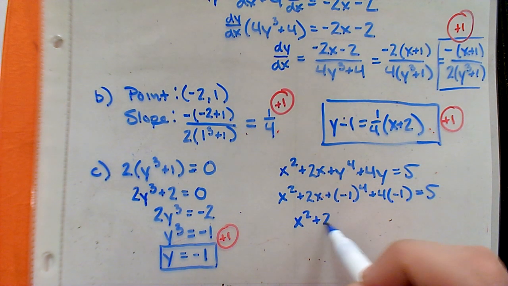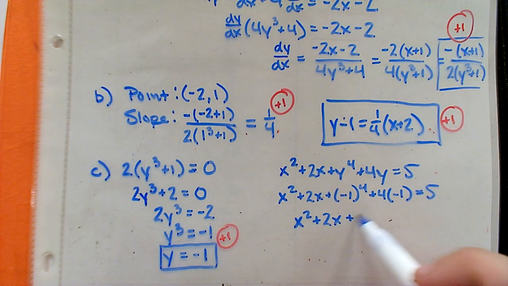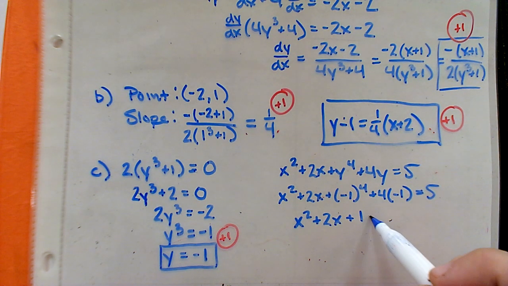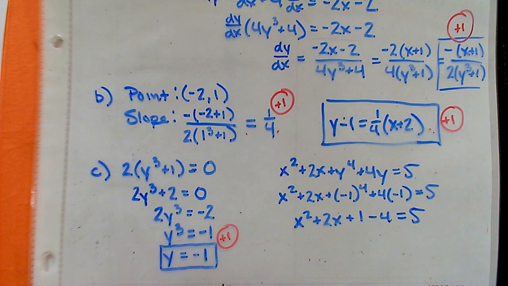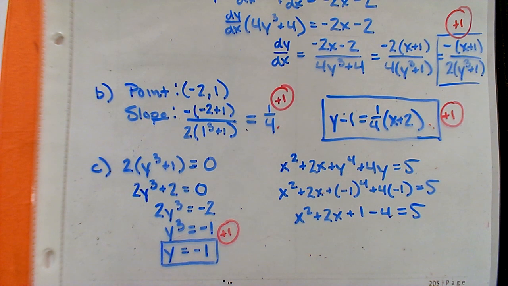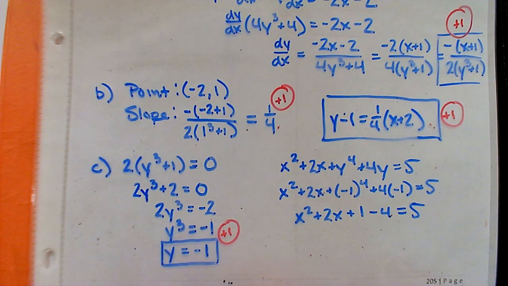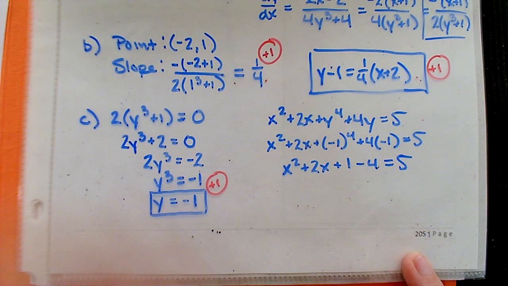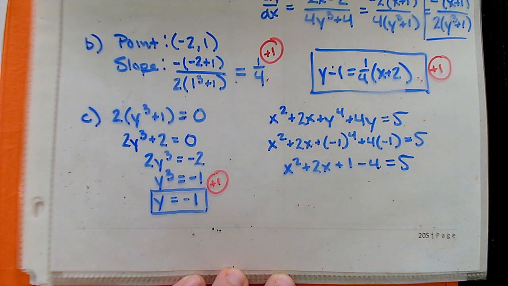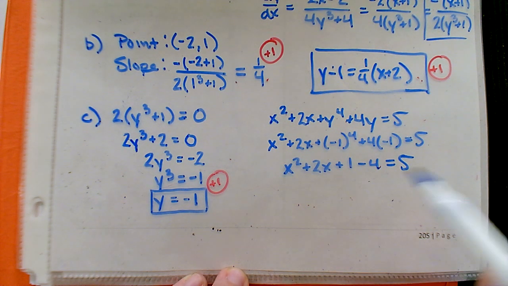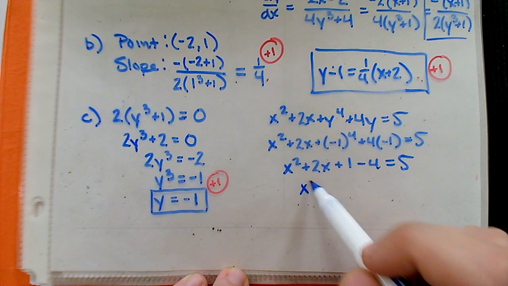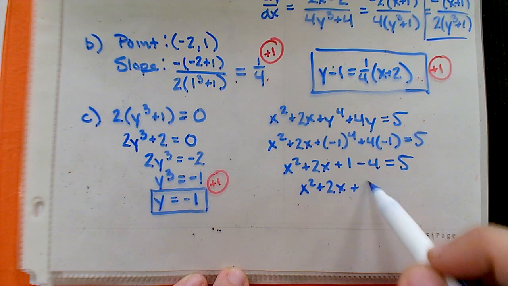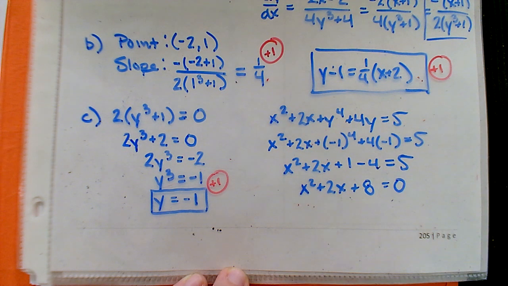So x squared plus 2x plus 1 minus 4 equals 5. How do you feel like solving for these x values? Is there something in there that's kind of cluing you in to a technique? You can move the 5 over and get x squared plus 2x minus 8 equals 0.